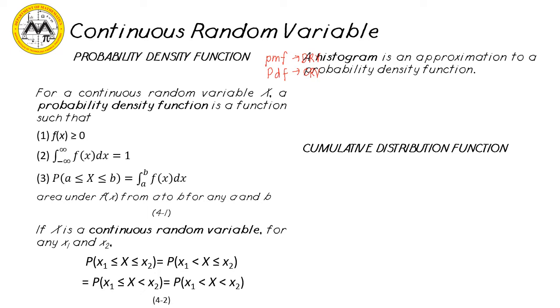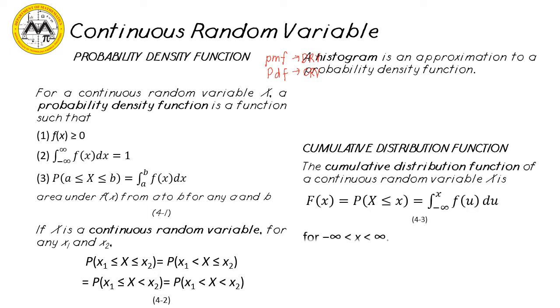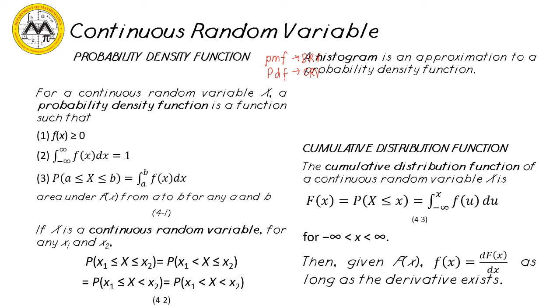A histogram is an approximation to a probability density function. So this is the graph of a probability density function, while the cumulative distribution function is a function of a continuous random variable f of x such that the probability that the random variable x takes values less than or equal to x is the integral of f of u du from negative infinity to that limit x.